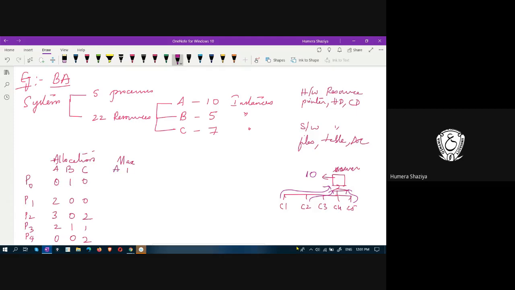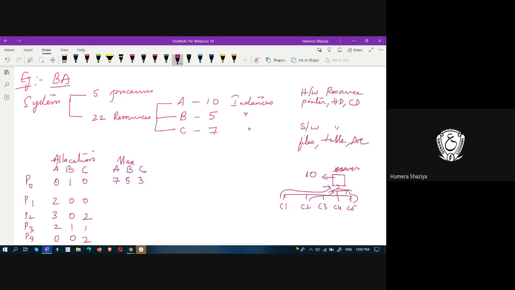Look at their maximum needs. What are their maximum needs? P0 needs 7, 5, and 3. It means at a time, P0 wants 7 printers, so much data might have to get printed. At one time it wants 7 of A. Consider that A is a printer.